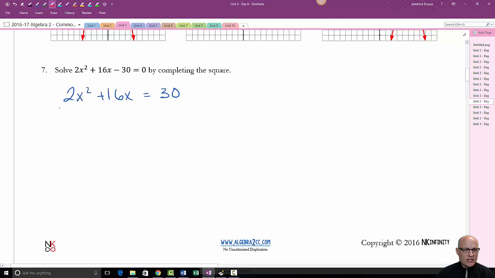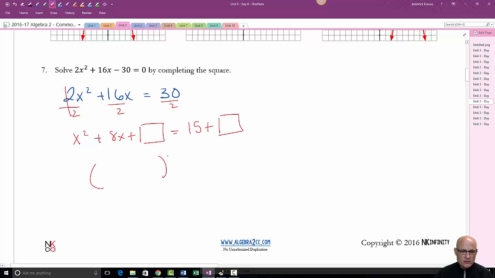We need to get rid of the leading coefficient 2, so divide by 2, and I get x squared plus 8x plus a square equals 15 plus a square. What is half of this? Because that's what goes in these parentheses. So that's x plus 4. 4 squared is 16. And 15 plus 16 is 31.